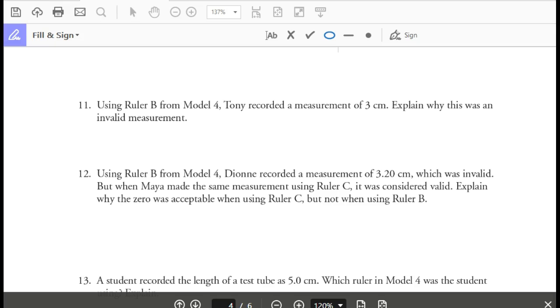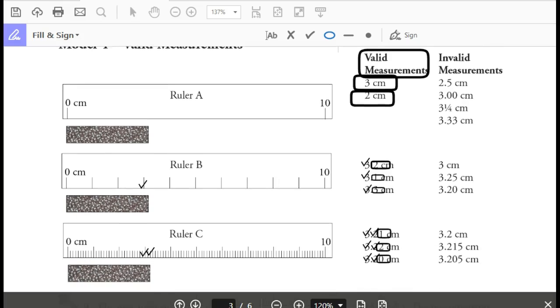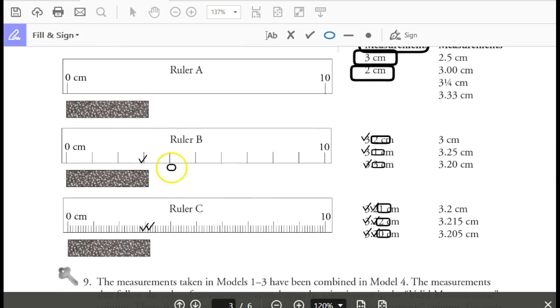Okay, for number 11, it says using ruler B from model 4, Tony recorded the measurement of 3 centimeters. Explain why this is an invalid measurement. So we're looking to see why it's invalid. So let's go back to ruler B. He recorded 3 centimeters. And it was invalid. So here in ruler B, you can see 3 centimeters. And then you see here that there's an estimate.